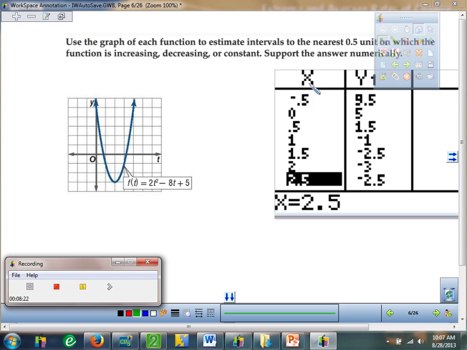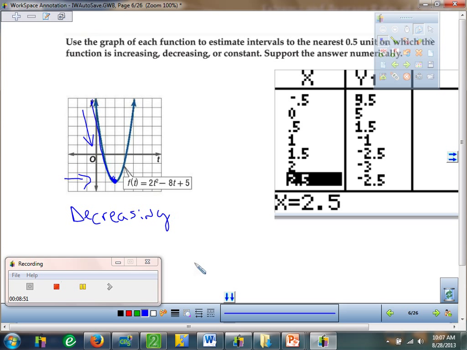But you'll notice here, and you can scroll back on yours to see, but as we're coming down this way, till we get to this point down here, whatever it is, our x's are going to the right, but our y's are coming down, so we would say this is decreasing.